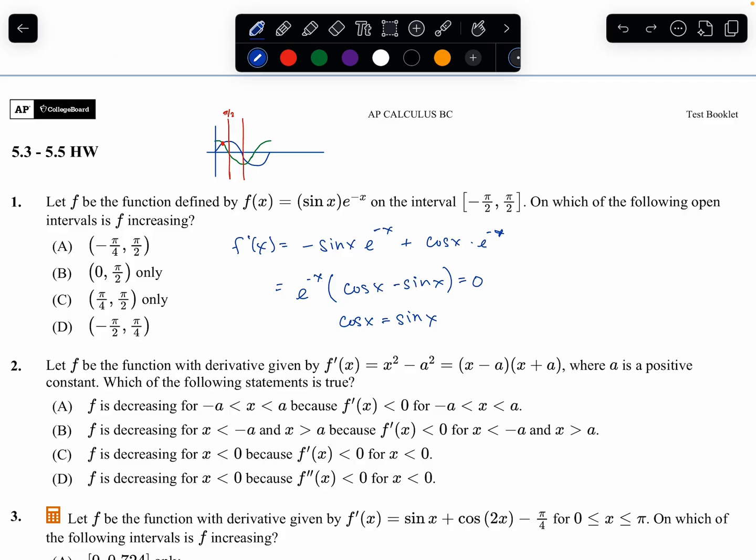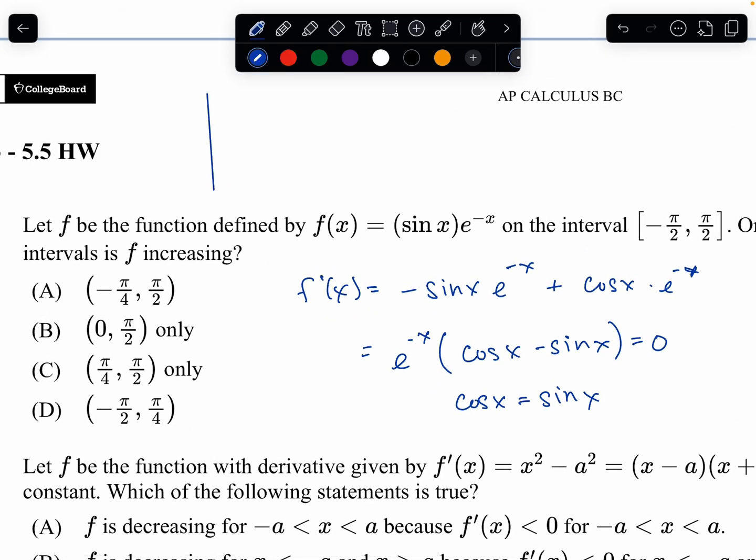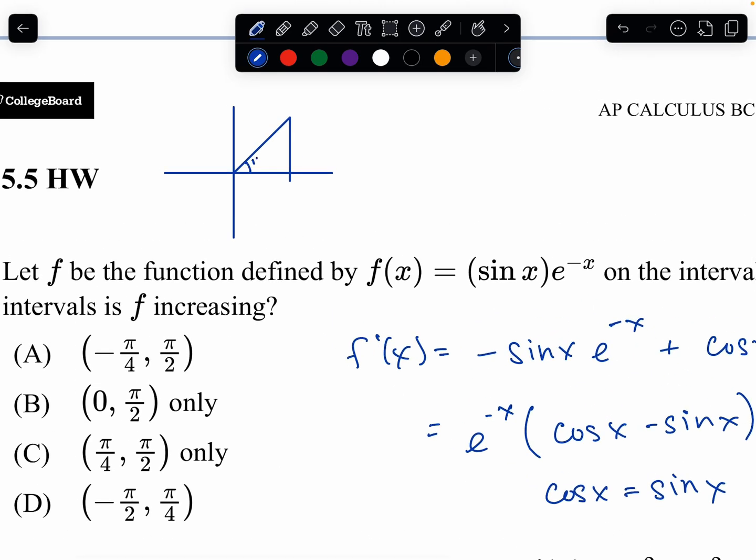Right? So, I don't like looking at the graphs. Let's just think about the triangles. I like to think about the triangles a little bit better. So pi fourths is a 45 degree triangle. So if you have a 45, so pi fourths, then this is equal to 1 and square root of 2. And at negative pi fourths, no, they will not be equal to each other at negative pi fourths.